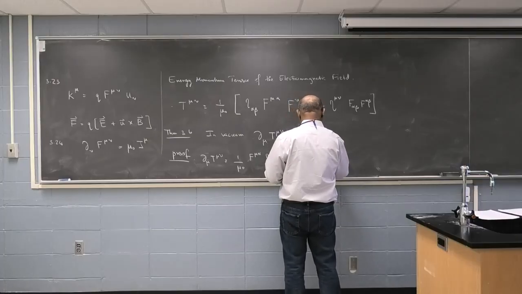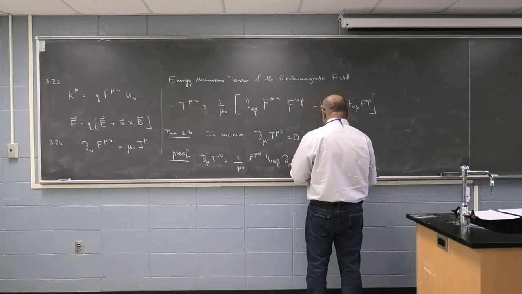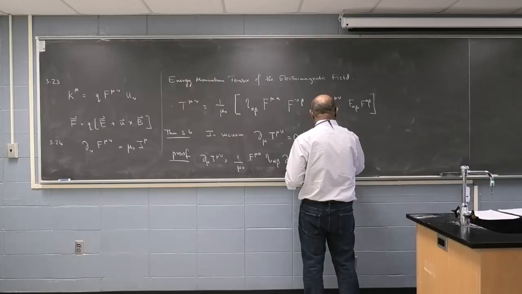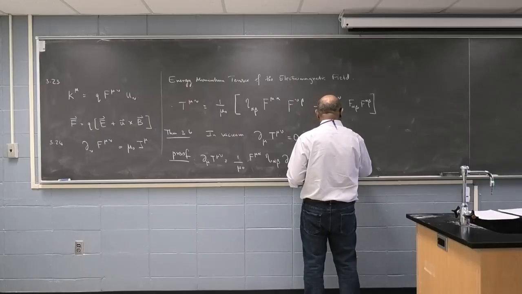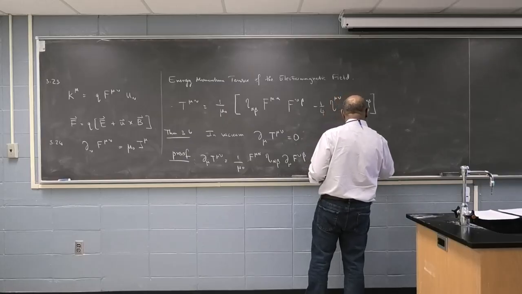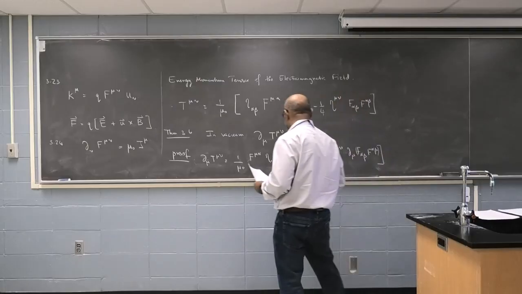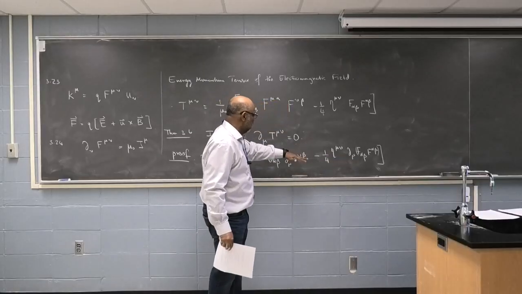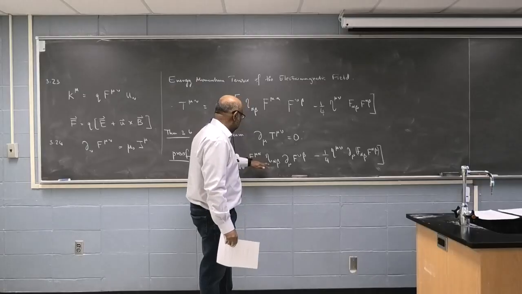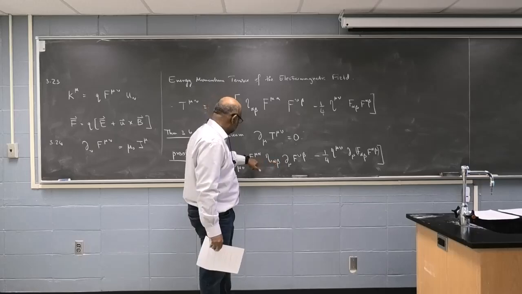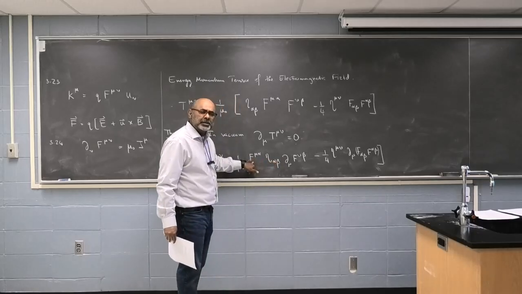Minus 1/2. What is the unusual step I did? Let's focus. I've not done anything here. Eta is a constant. It doesn't see derivatives. But what is the one step I skipped? This guy's derivative. Why did I skip that?